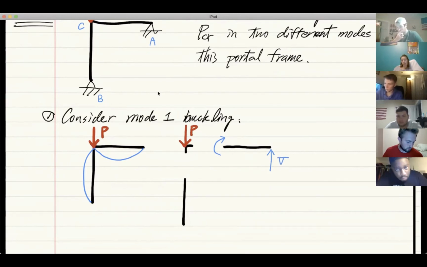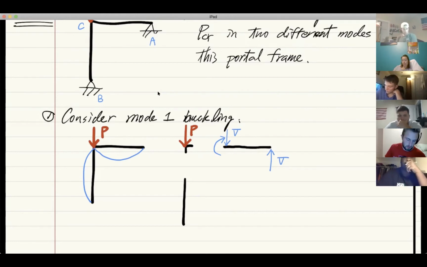Now, in order to balance the shear force internally, the shear force at point C on the beam member must be going down. Would you agree? Otherwise, force equilibrium will not be achieved. Correct? That's the three internal actions that we have. Now, if the moment goes acting like this, you have to remember that internal forces always appear in pairs.